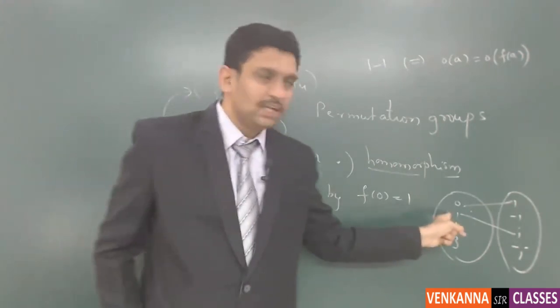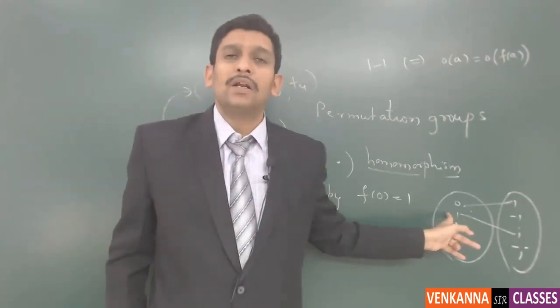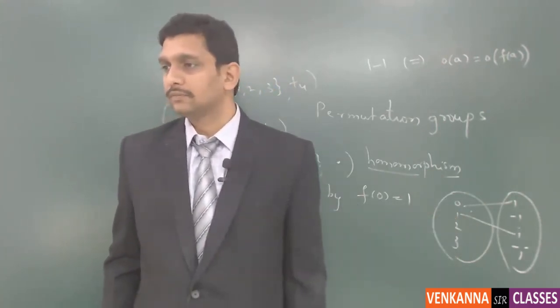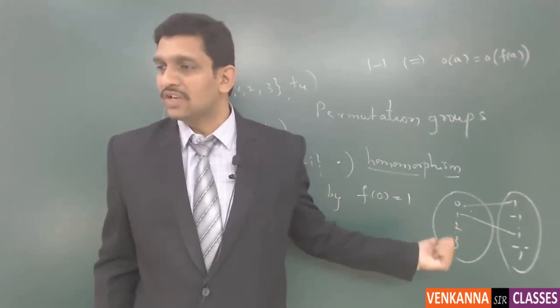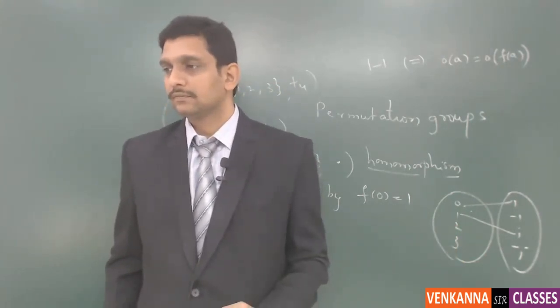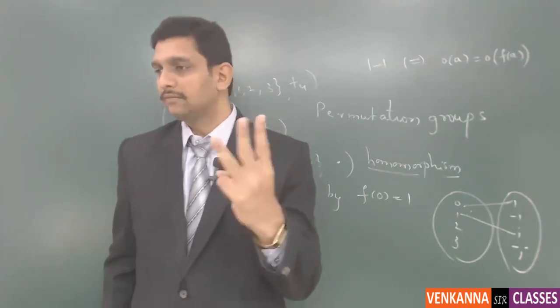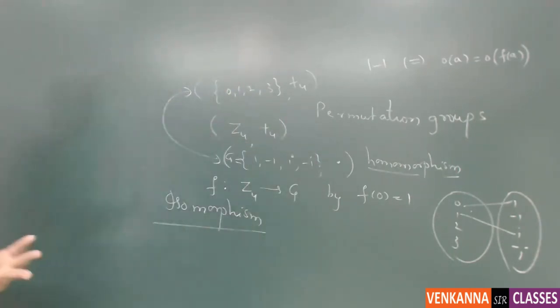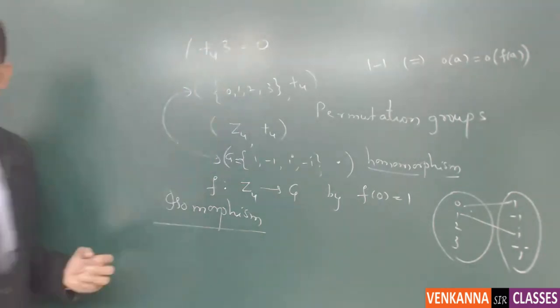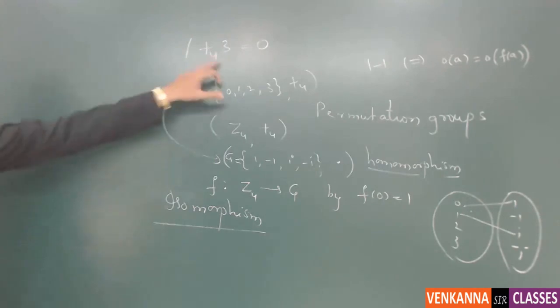So, in the domain, for the element 1, what is the inverse of 1? What is the inverse of 1 in the domain? 3, right? Because 1 plus 3 is equal to 0 in Z4. Accepted? 3 is the inverse of 1.